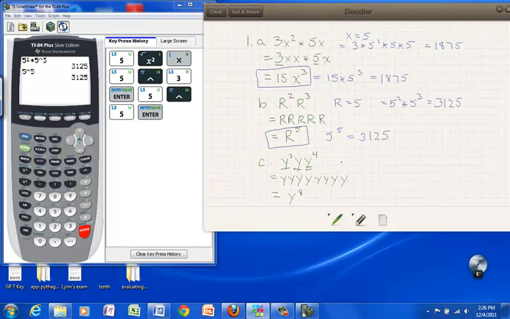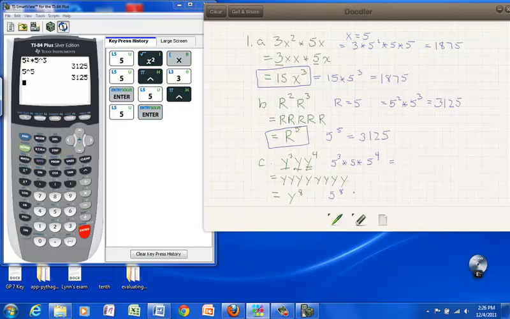And then my last problem, I think I'll stick with 5, and we'll put y in as 5. So this problem is 5 to the third times 5 times 5 to the fourth. This answer down here is 5 to the eighth.